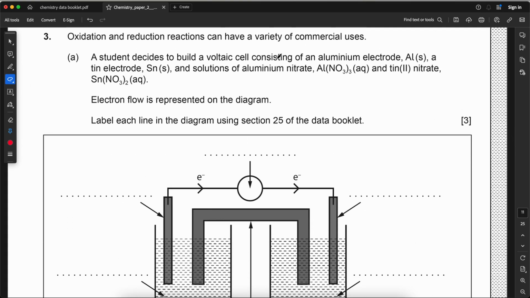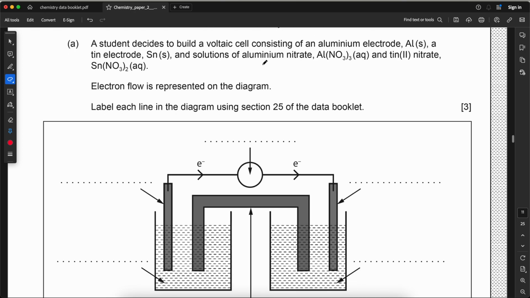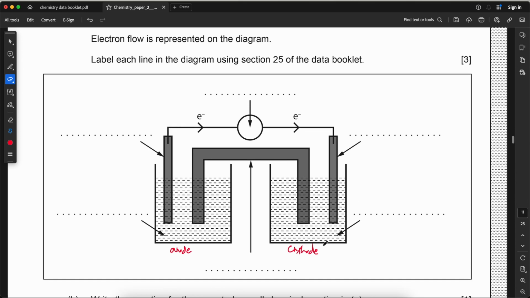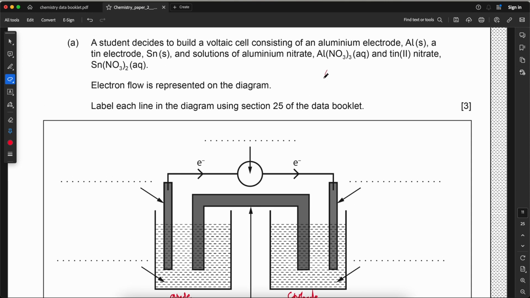Oxidation and reduction reactions can have a variety of commercial uses. A student decides to build a voltaic cell consisting of an aluminum electrode and a tin electrode and solutions of aluminum nitrate and tin nitrate. Electron flow is represented on the diagram. For a voltaic cell, electrons flow from anode to cathode. So we've got Al and Sn.